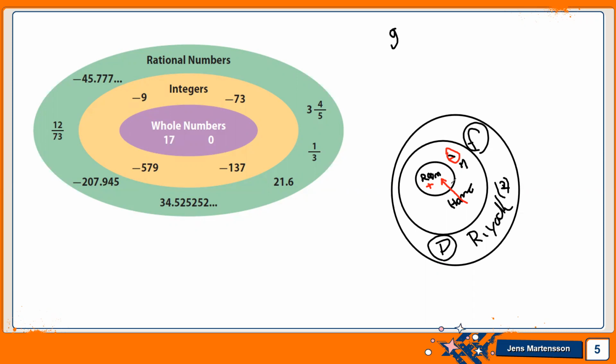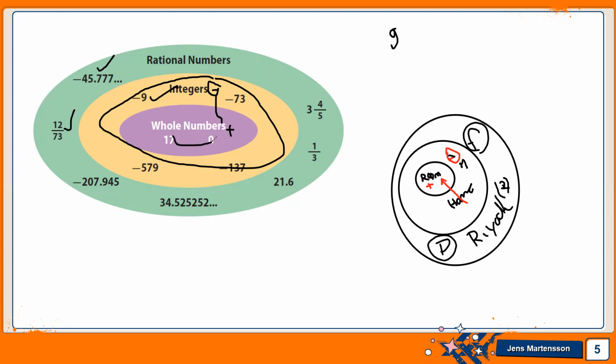No, it's so easy. The whole numbers are the positive numbers only. The integers are the negative and the positive together. And the rational numbers are the decimals, fractions, negative and positive. Got it?